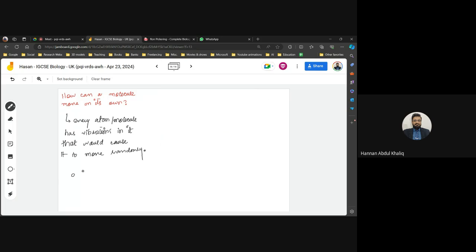Suppose these are the molecules of a particular compound, and these molecules are free in a solution.